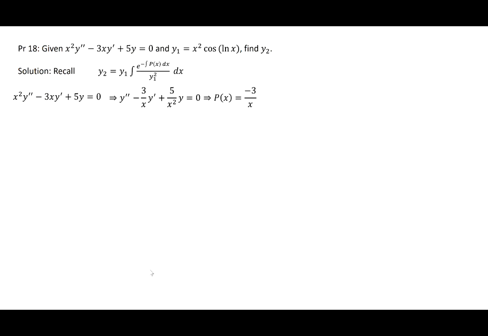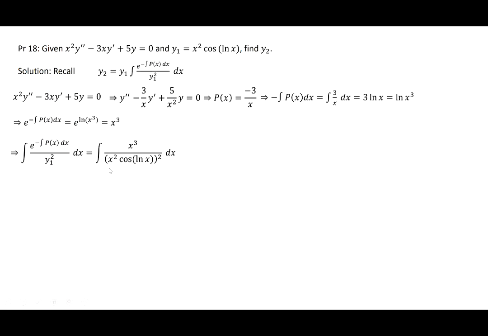Negative 3 over x is p of x. Negative integral of p of x turns out to be natural log of x cubed, and e raised to that would be just x cubed. So x cubed divided by x squared cosine of, and so on. Can I? x cubed, and in the denominator would we have x to the 4?